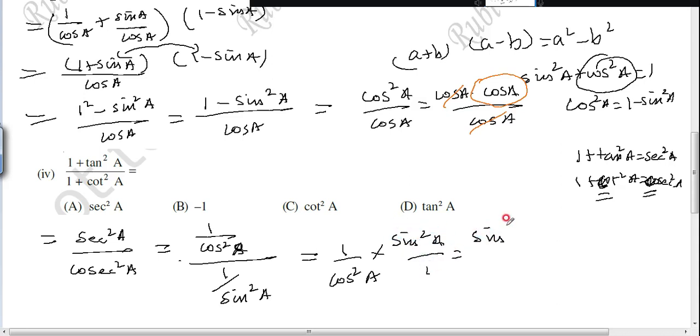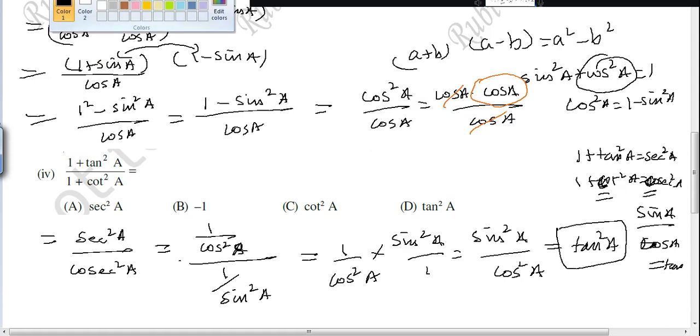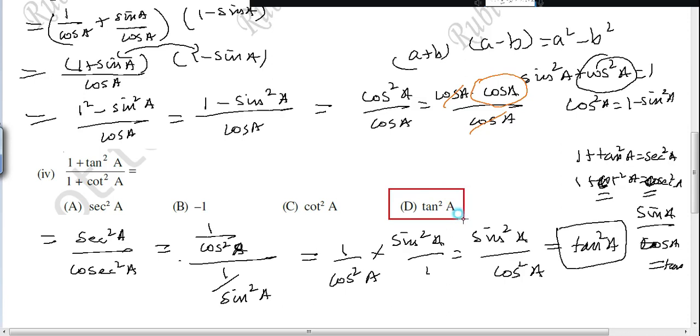That is sine squared A divided by cos squared A. So sine by cos is what? Tan. Sine by cos A is nothing but tan. Here it is squared, so tan squared A. What is the answer? Tan squared A. So this is the answer.